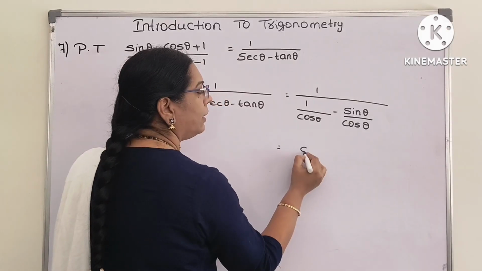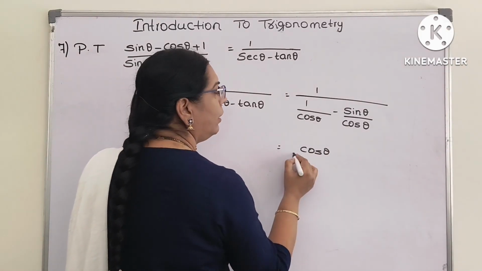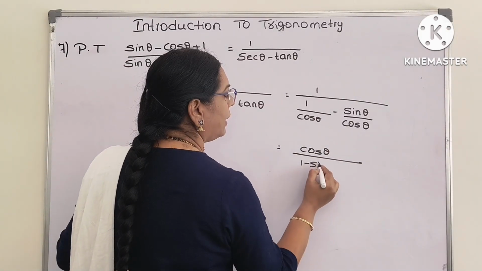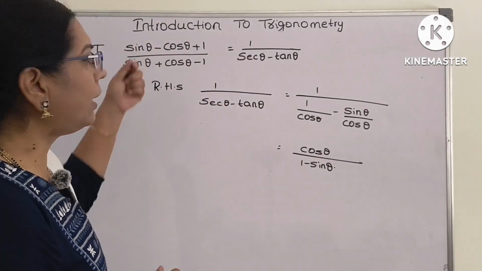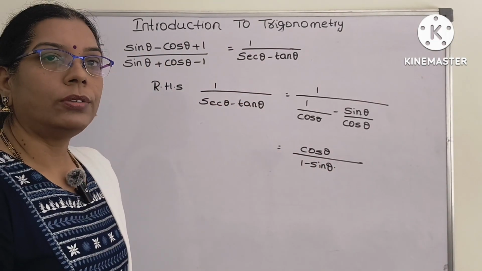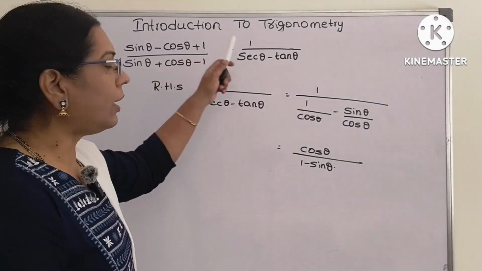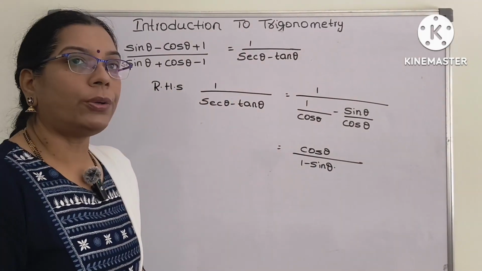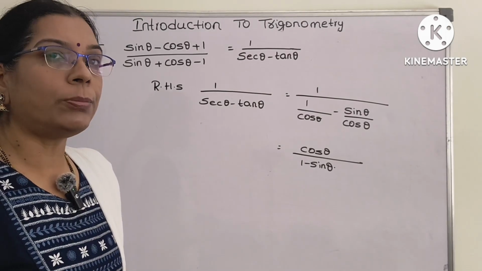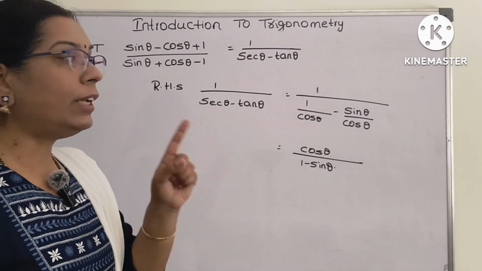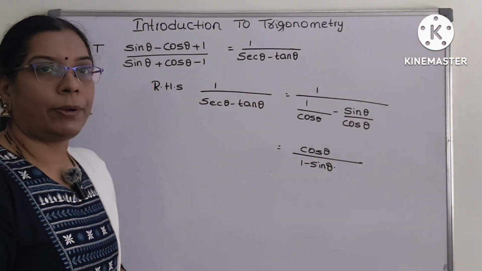So this can be written as cos theta by 1 minus sin theta. No, I have not arrived at the LHS. What to do? LHS I cannot simplify, RHS I cannot simplify. I cannot apply any identities, not even any algebraic form. How to simplify this?